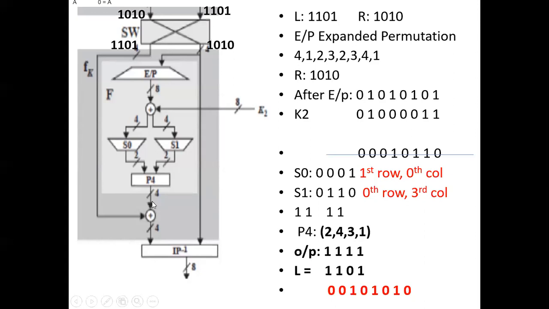Then you can see that as per the diagram, with the output of permutation 4, you have to perform XOR with the left part. The left part is 1, 1, 0, 1. If you perform the XOR, what you will get? 0, 0, 1, 0.